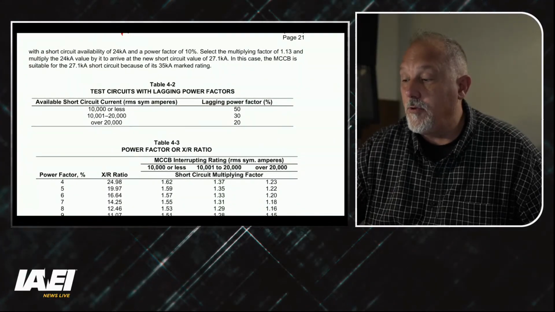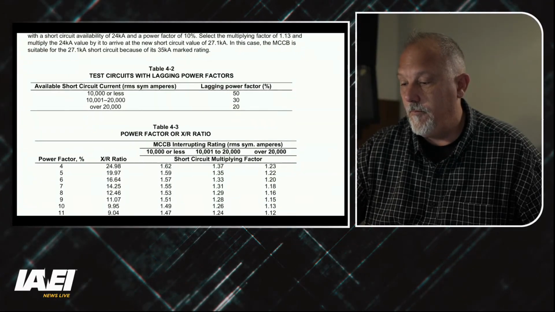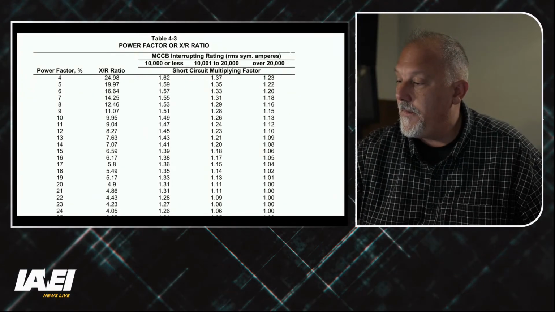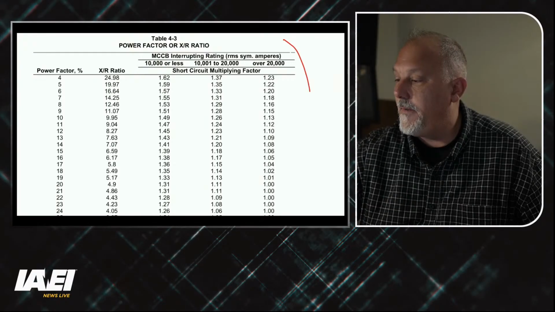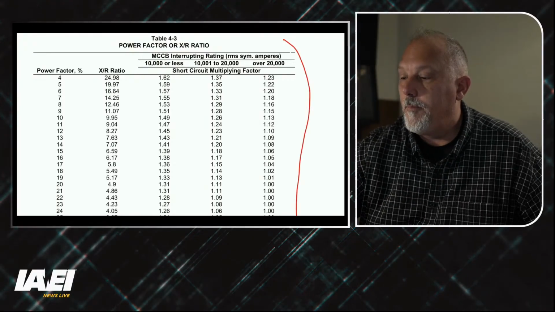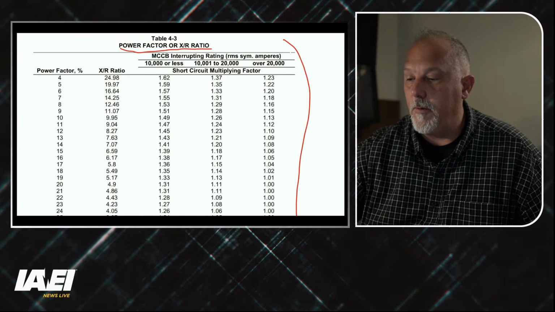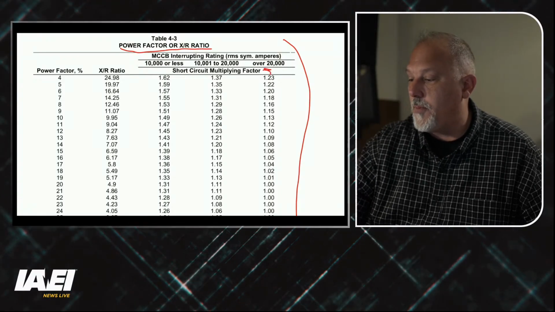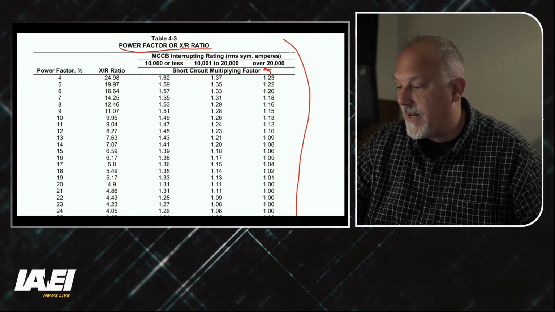And what this tells you, here we go, look at this: power factor or X to R ratio, and the short circuit multiplying factor. Let's find 1.0.